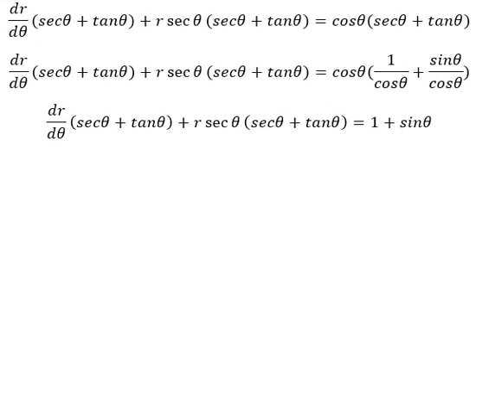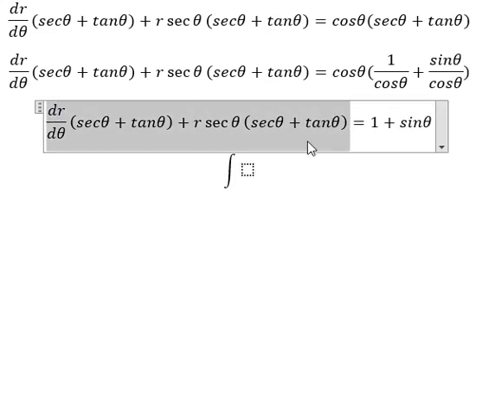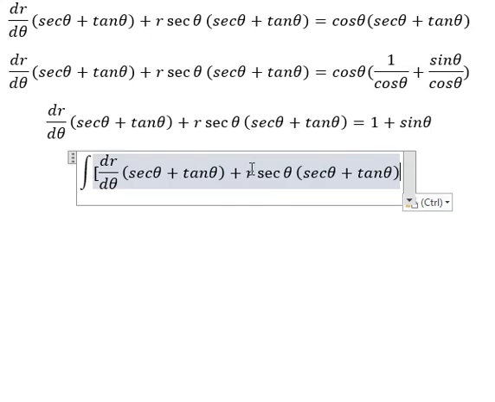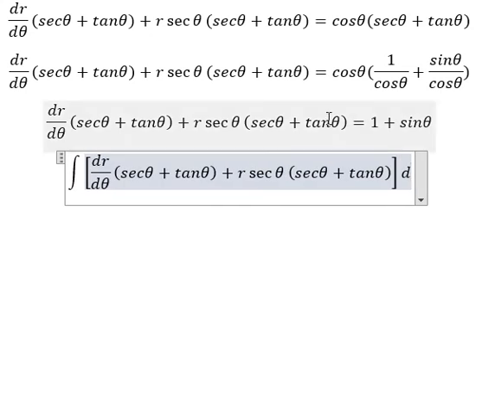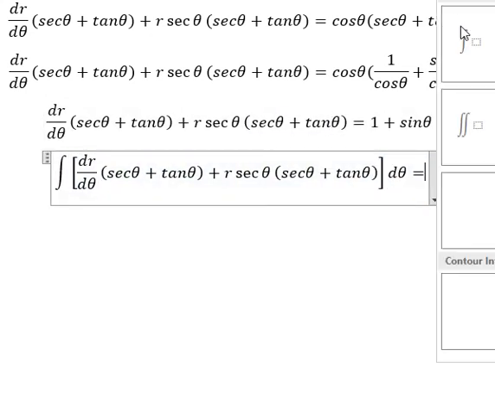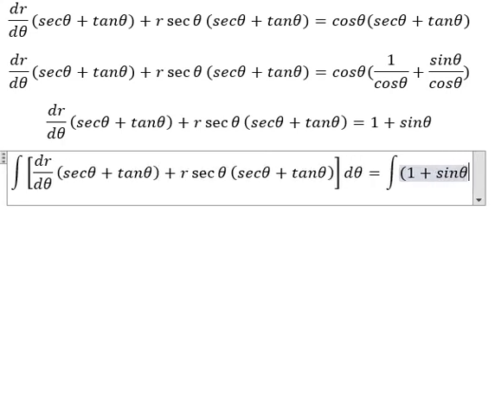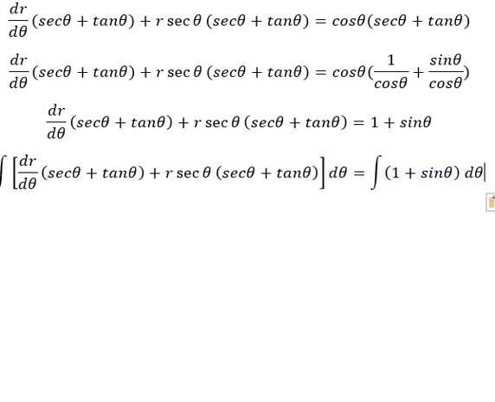Next, we need to put integration for both sides. Next, we need to use the product rule of derivative.